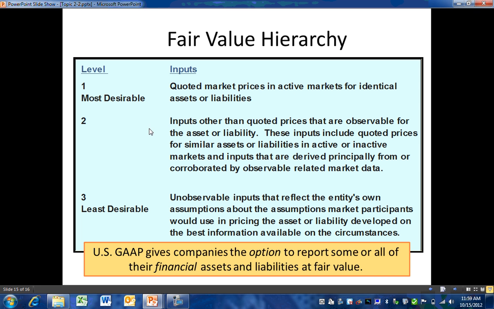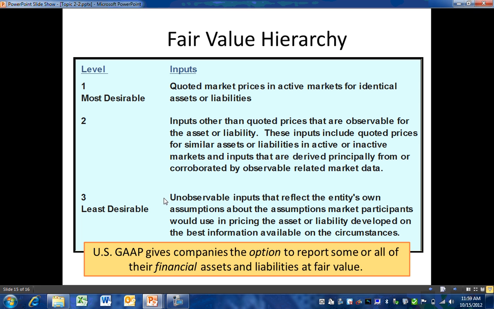Sometimes we may not have a market for the exact asset or liability that we're talking about, but there may be a market for a similar asset or liability, and that's known as a level 2.